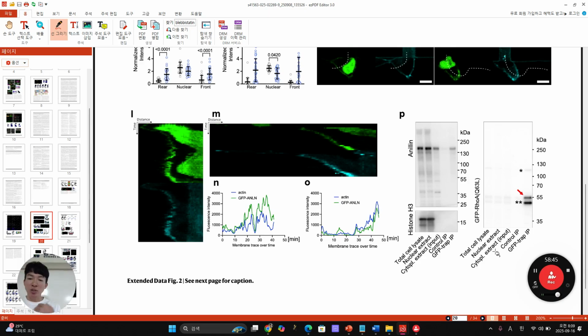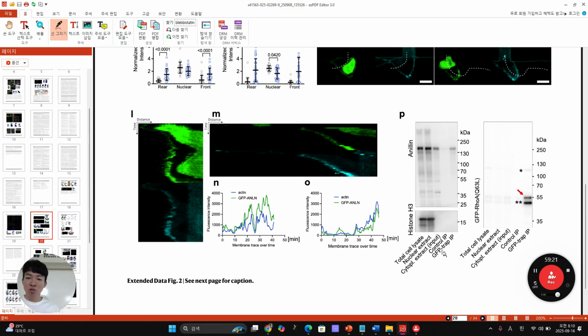But to answer that, here we have total cell lysate, and the nuclear extract: from the cell, you extract only the nucleus, and from the nucleus you can detect anillin. From the cytoplasm also, you can differentiate nucleus and cytoplasm in a certain way very easily by Western blot. So they want to say that in total, cytoplasm, and nucleus, they can detect anillin. Normally people say anillin should be inside the nucleus, but they want to say anillin is also localized in the cytoplasm.